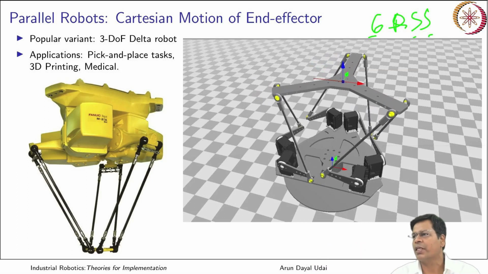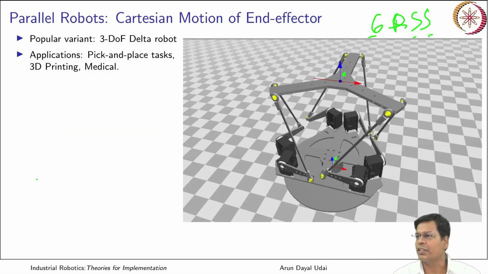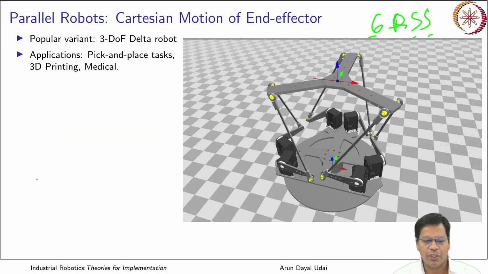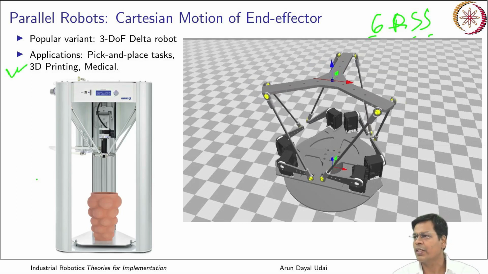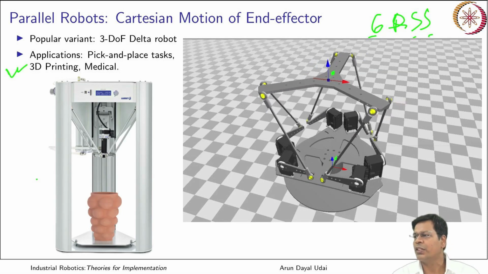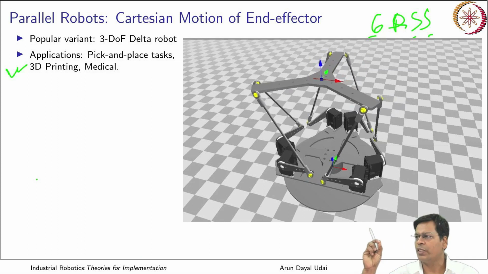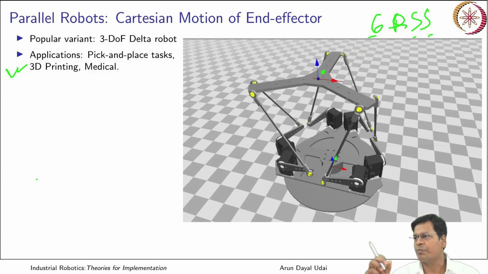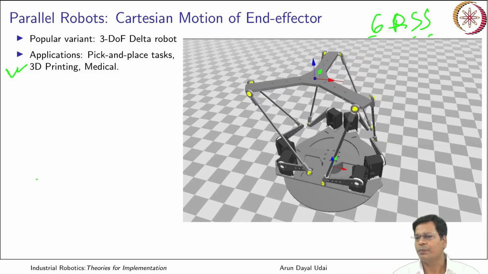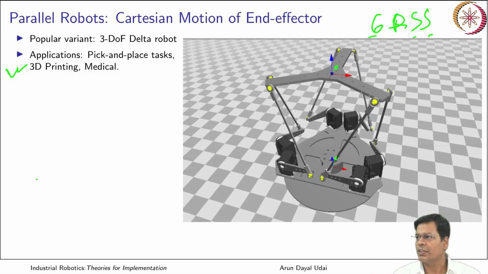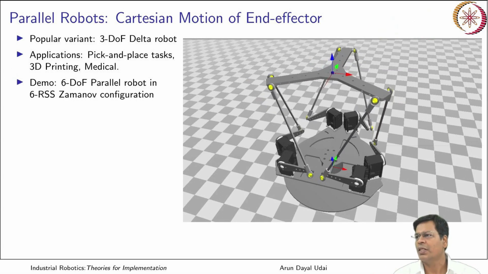These are very commonly used for 3D printing and in medical surgery, when you need your end effector to be very stable, precise and stiff. So these are a few applications.